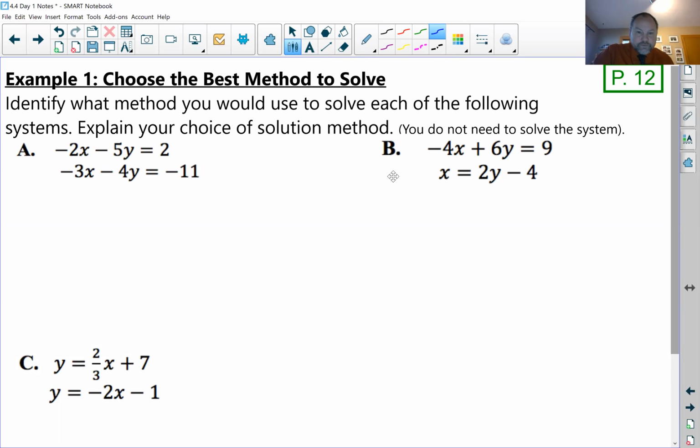All right, I was going to add a poll. I don't know if it, there it is. All right, so go ahead and vote for letter A. Which method would you use?